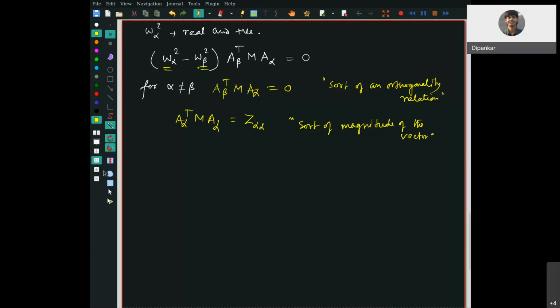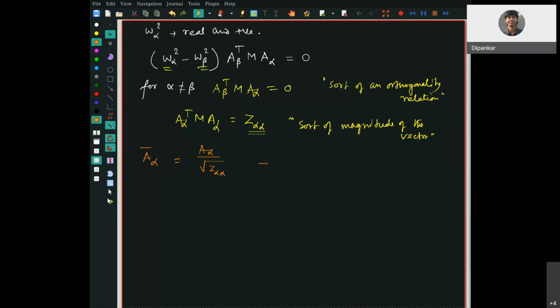Now, to write it in a nicer form, this Z alpha alpha is arbitrary in general. So what I now define is called the normalized eigenvector. So A alpha bar, which I define as A alpha divided by the square root of Z alpha alpha. So it's like dividing by the norm.